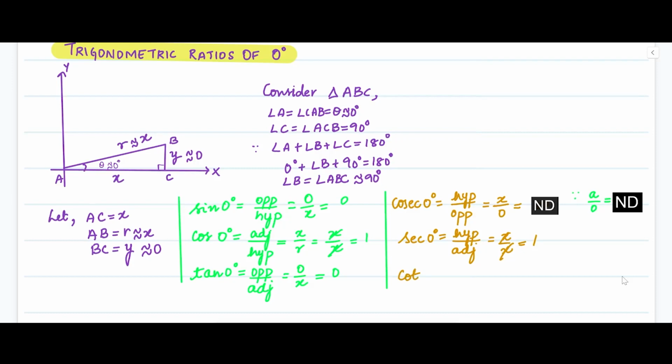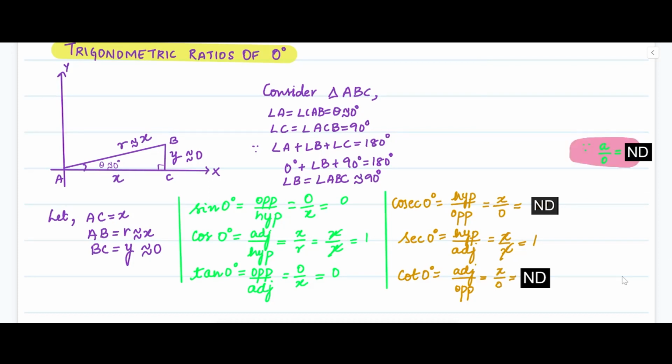Last is our cotangent theta, that is cot 0 degrees. Definition is adjacent side divided by the opposite side. Adjacent side is equal to x, that is AC, and our opposite side is y, which is almost equal to 0. So we are having x divided by 0. Anything divided by 0 is not defined.